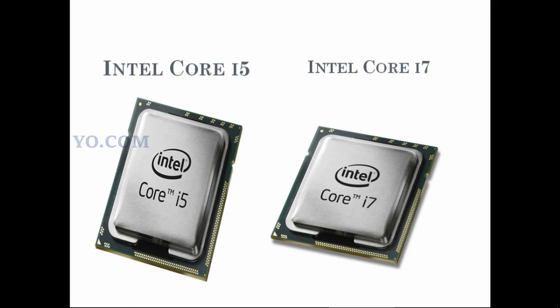These microprocessors are mainly used for heavy applications such as Photoshop, video editors, etc. They can execute millions of instructions per second. Okay, these are the advanced microprocessors if you are looking from the 8086 microprocessor.